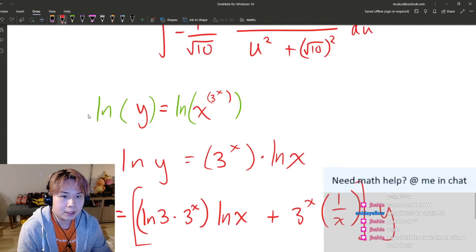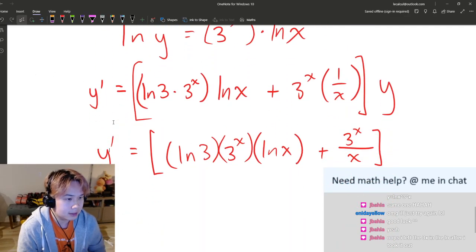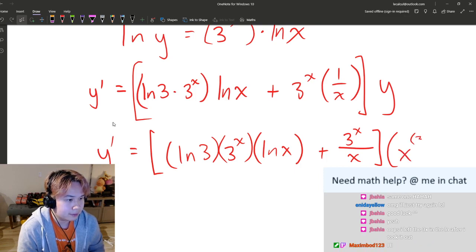And multiply by y. y was the original question, so x to the power of 3 to the power of x.